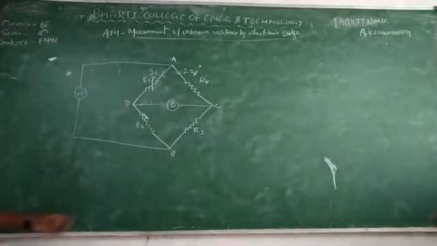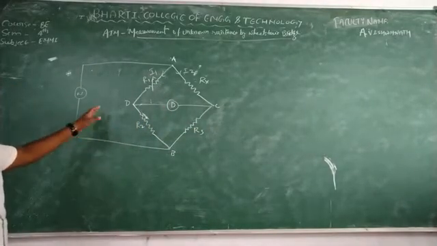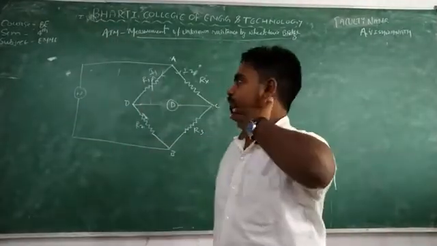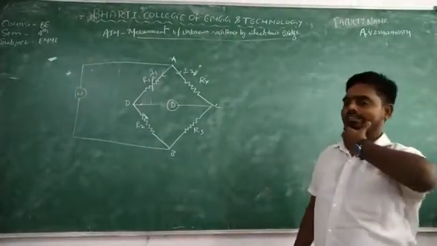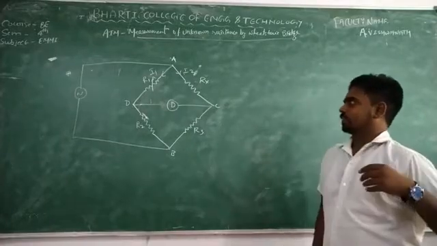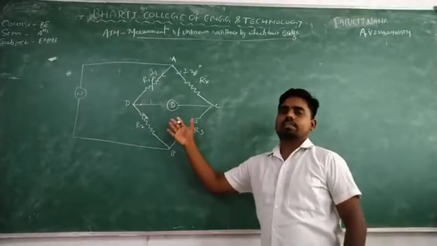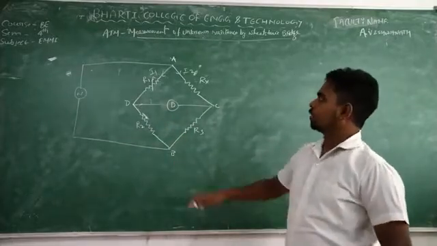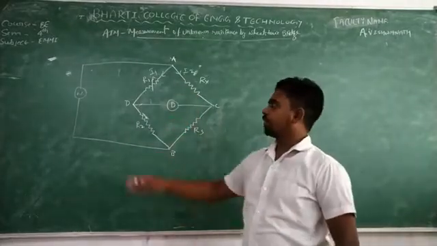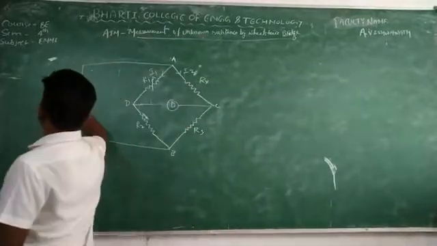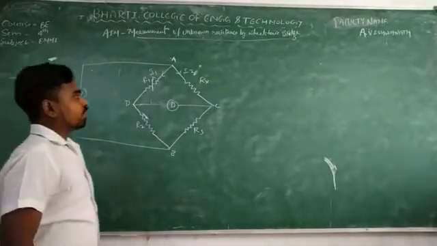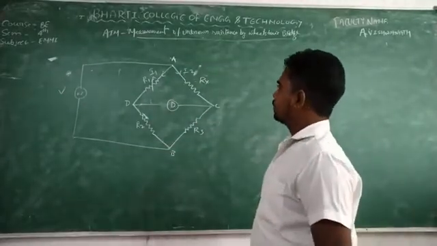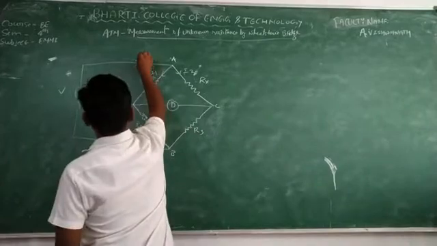So this is the bridge arrangement of Wheatstone bridge. There are 4 arms. In between points C and D we connect a null detector, which helps to find out the balanced condition, and we also have 2 other terminals from which we feed the supply voltage. Okay, so what will actually happen in this case in Wheatstone bridge?